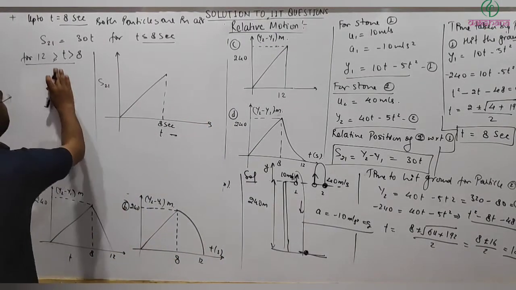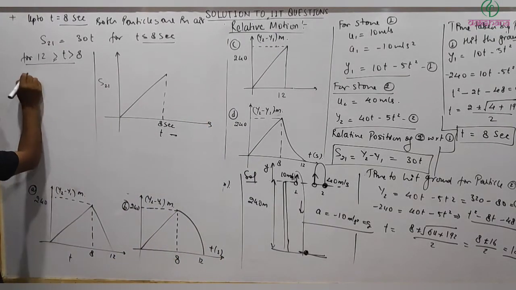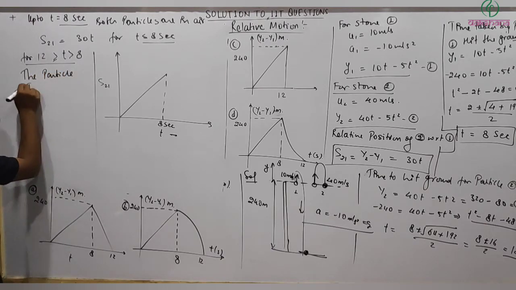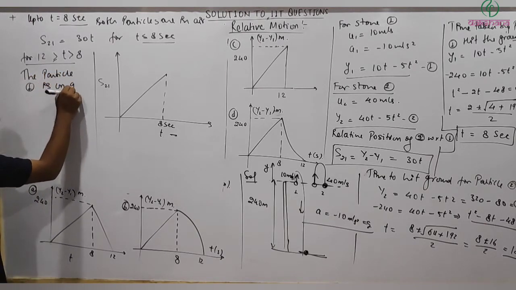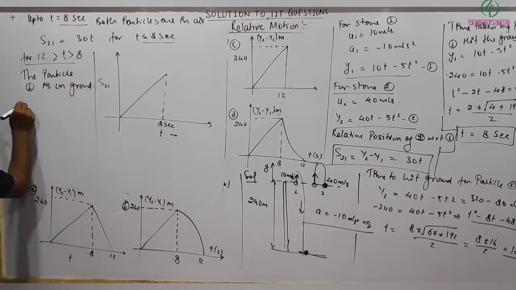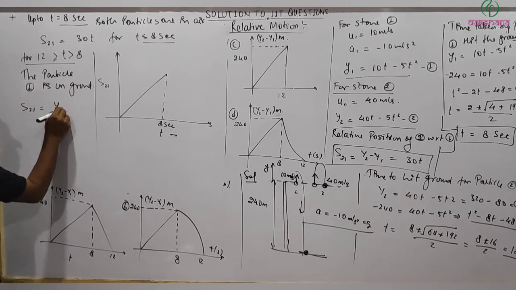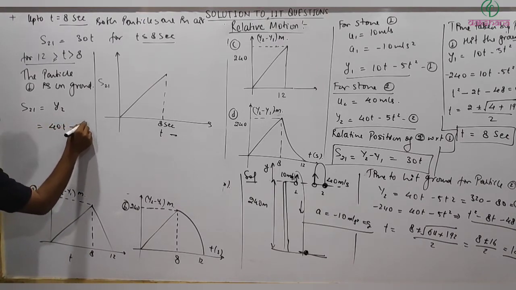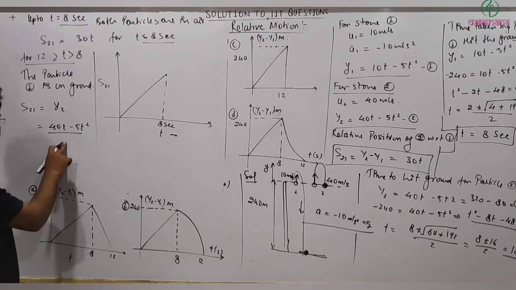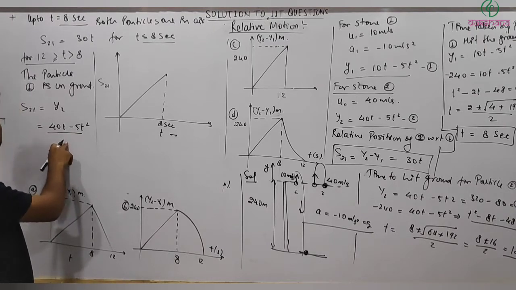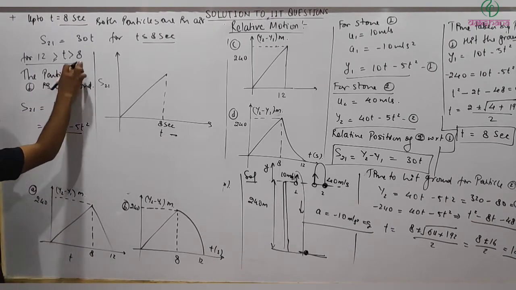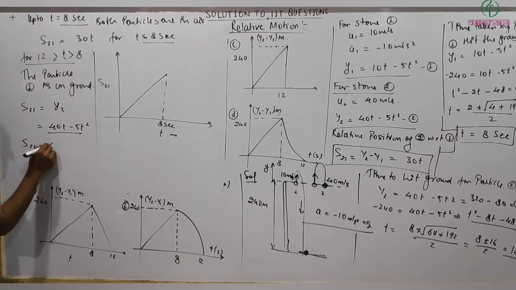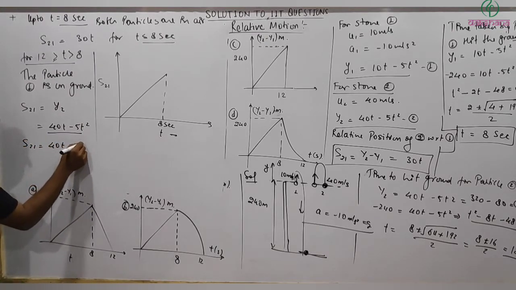So now for t, I can write that particle 1 is on the ground and S21 is simply given by y2, and that is equal to 40t minus 5t square. But remember that it's not valid for t less than 8, it's only for this interval. So now I can get S21 equal to simply 40t minus 5t square.